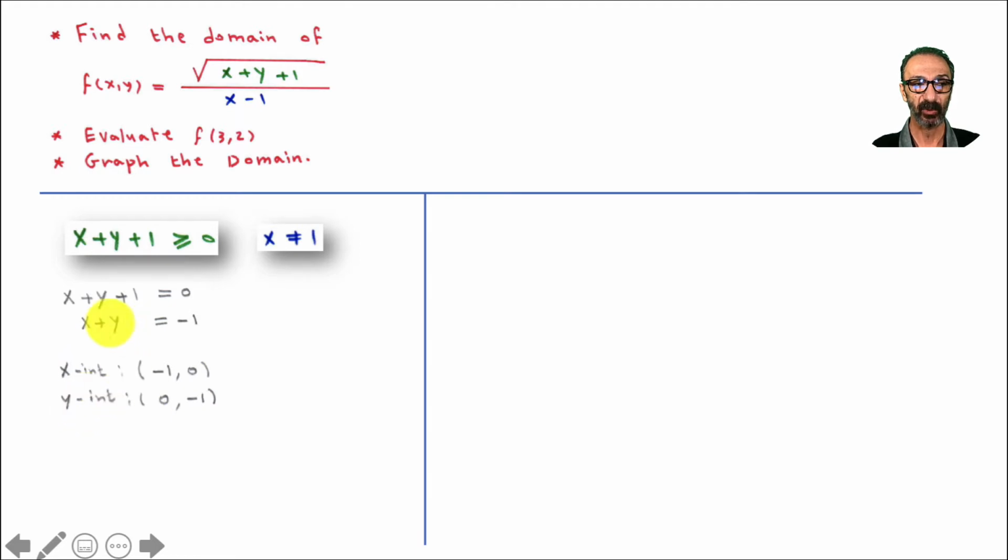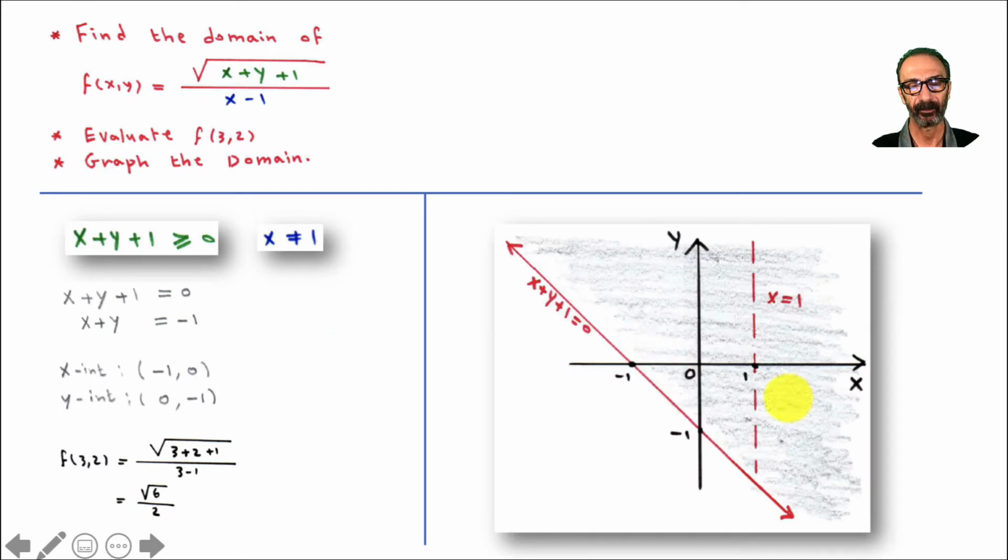And the y-intercept, when you put 0 for x, you get minus 1. If you plug in 3 and 2, straightforward, that's what I have. Now I think this says enough about the domain, these two, but with that, let's graph it.